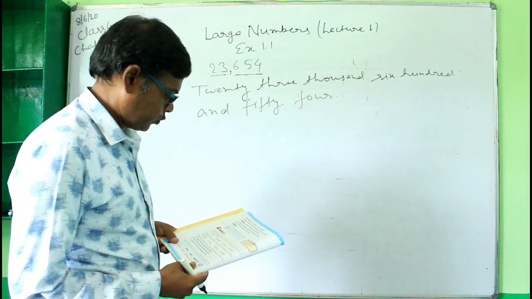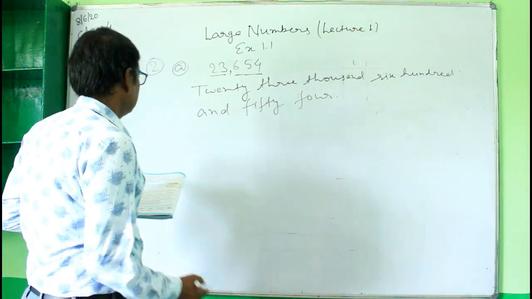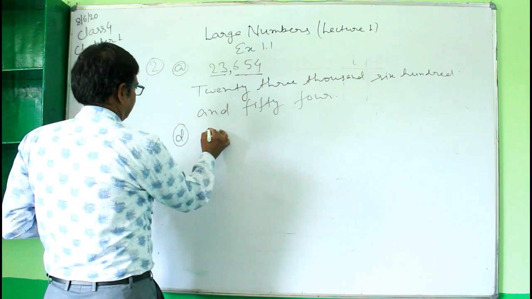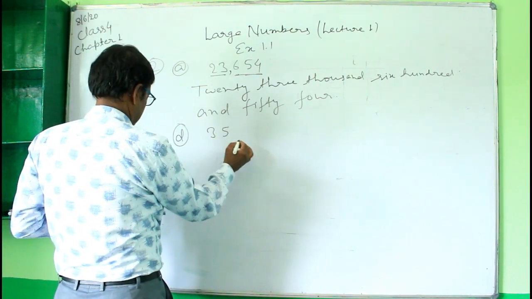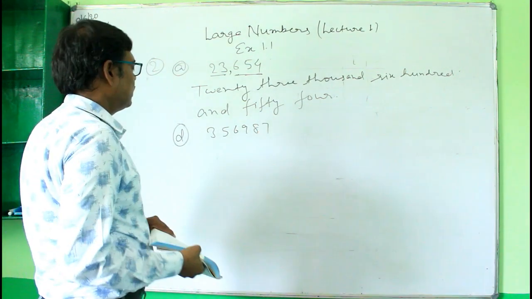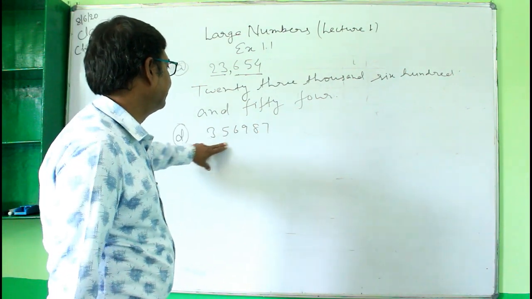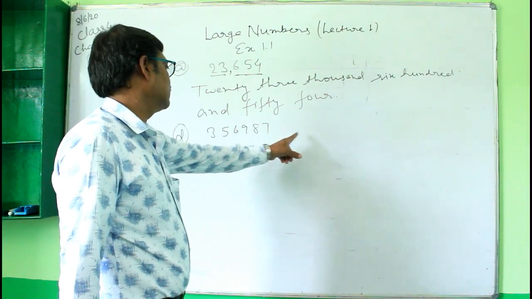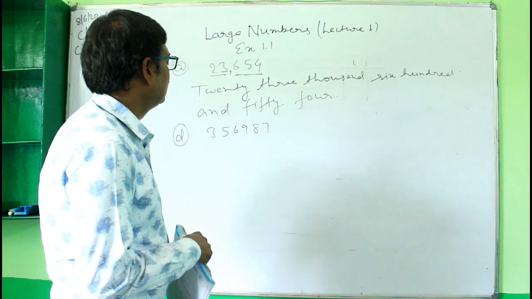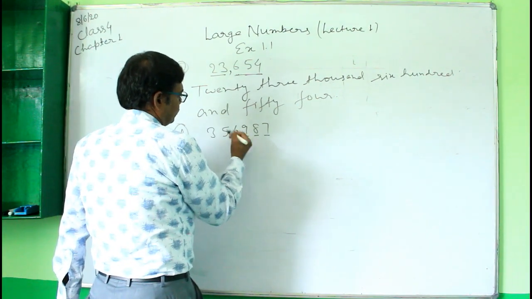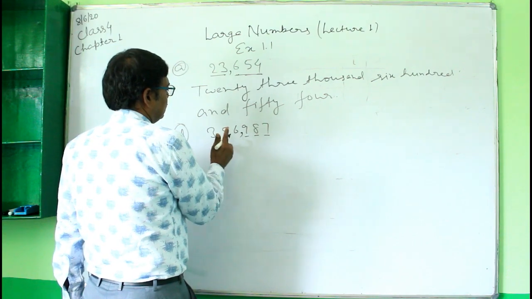Then I will take another question, question number D. Now this is the number. Here we have to mark the periods. Again move from the right side, and see first, second and third. Then a comma here. Then first, second, then a comma here.